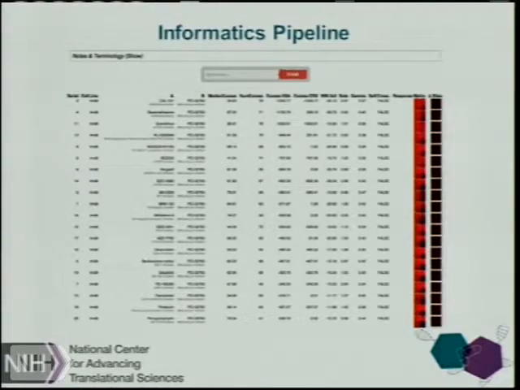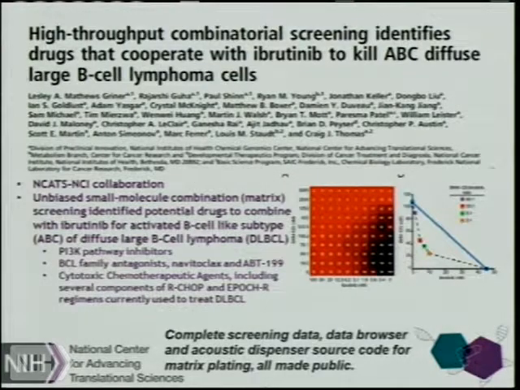We can rank hits based on various indices, and we can also look at the actual heat map data on the fly. So this was all developed in-house recently. And if you want to know more about the platform, this is a paper we published back in the winter with Lou Stout and colleagues on some of the first screens run using this platform.